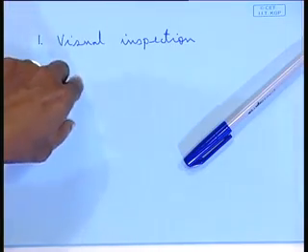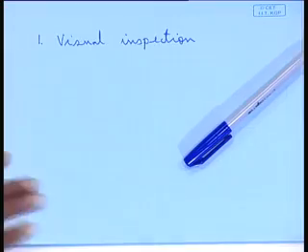So obviously it becomes physically impossible to have a very extensive check on the entire weld length. So what is done is visual inspection is the most important. The entire weld length is subjected to visual inspection. What does it mean?